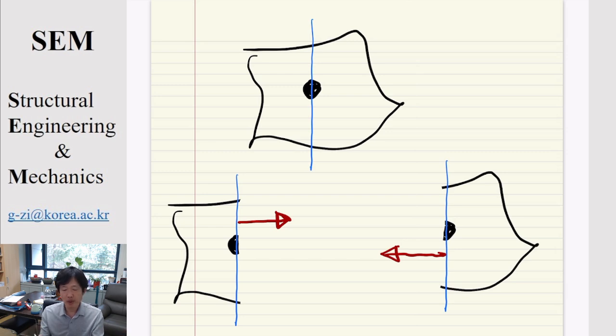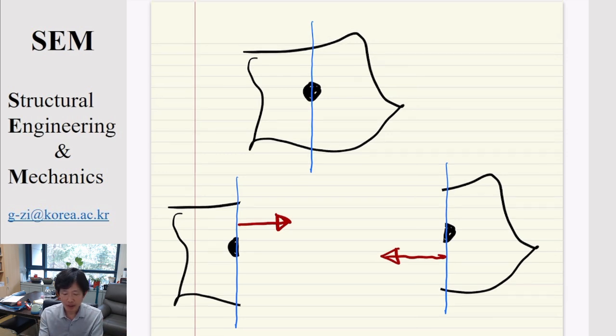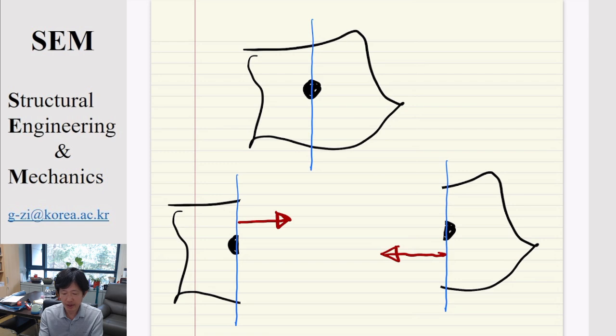Let's say, because we are talking about overall tension, there exists a traction here. So if you look at here, I must have this traction. This direction of traction is heading to the right hand side, and in this situation the direction of traction is opposite.